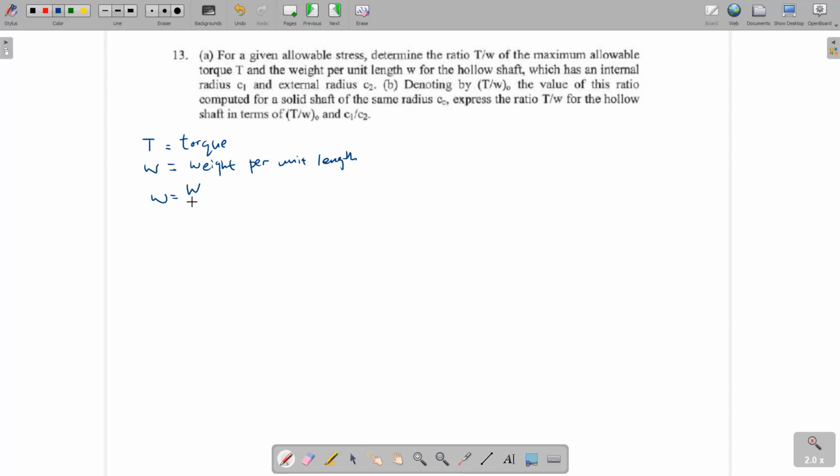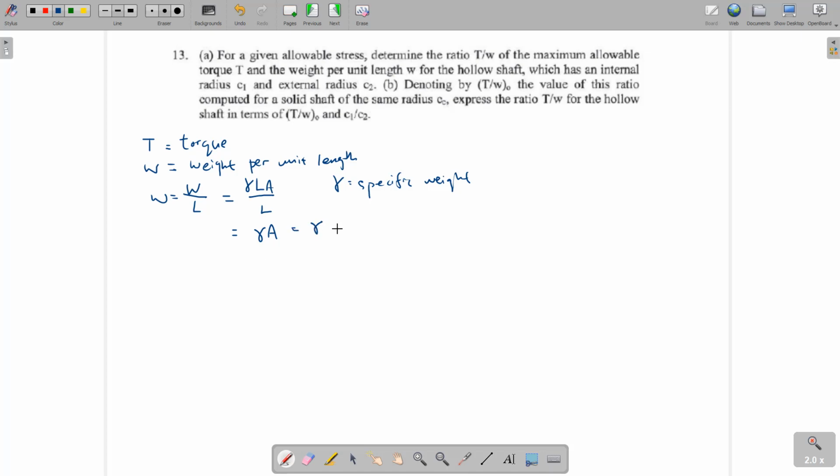It is the total weight over the total length, uppercase W divided by L. So the total weight can be expressed as gamma times L, in this case, gamma is specific weight.